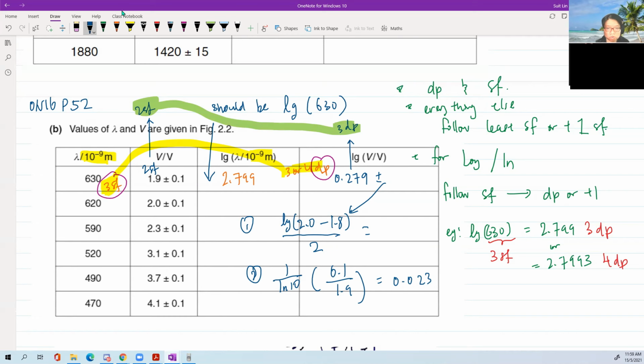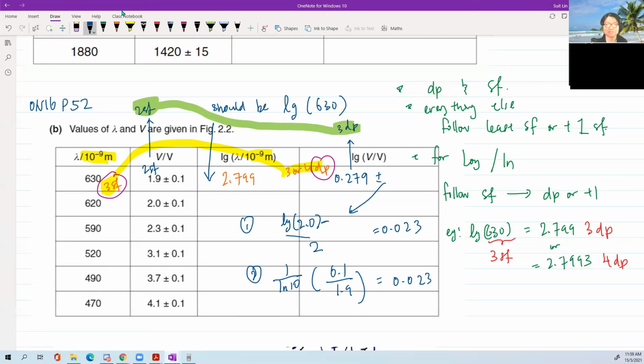Wait, this is a bit wrong. Sorry, I wrote it wrongly. This is log 2.0 minus log 1.8, so max minus min. Log 2 minus log 1.8, divided by 2. I get 0.023 as well. So it's up to you. Some students find this fast.